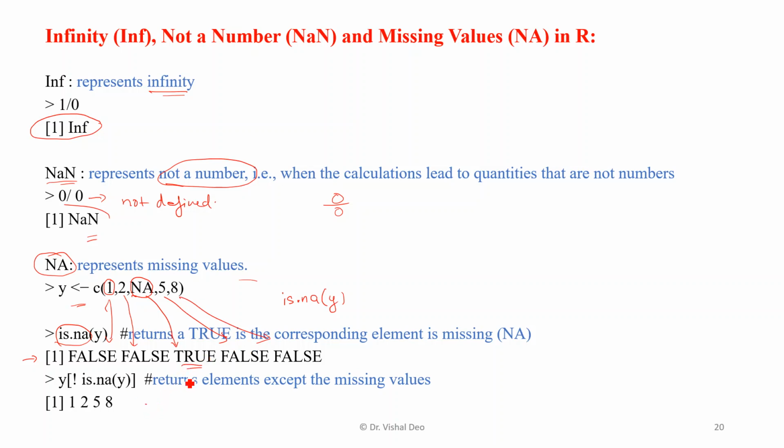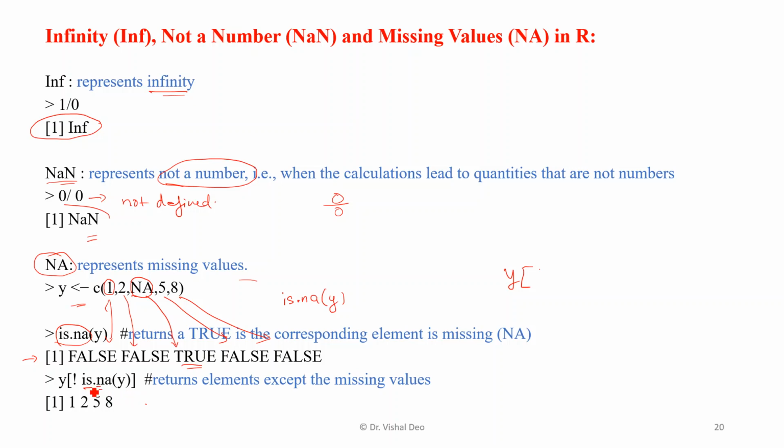And then also for extracting or indexing, we can use this function is.na. Suppose you want to return only those values which are not missing. So you can write y and square brackets for indexing. Is.na returns true for values which are missing, but for indexing, we want true for values which are not missing.